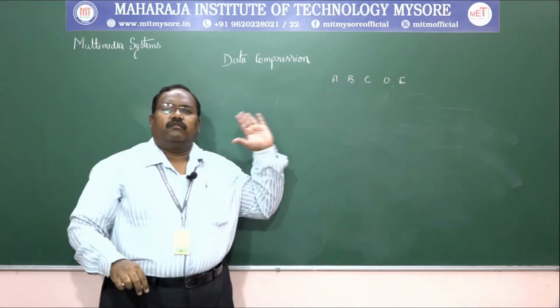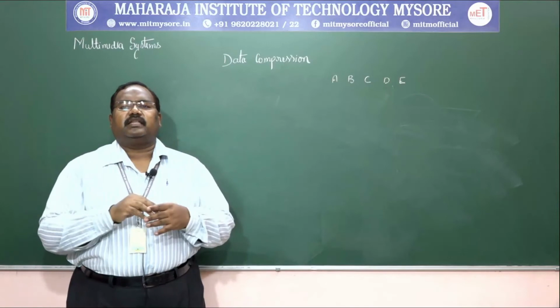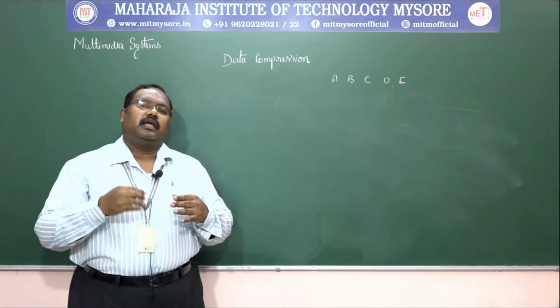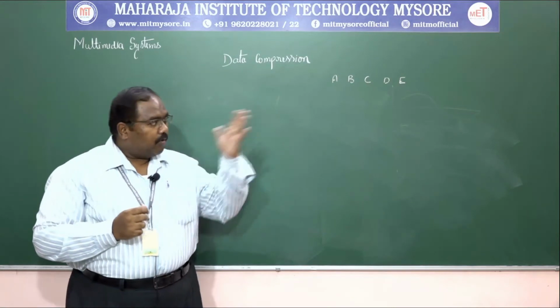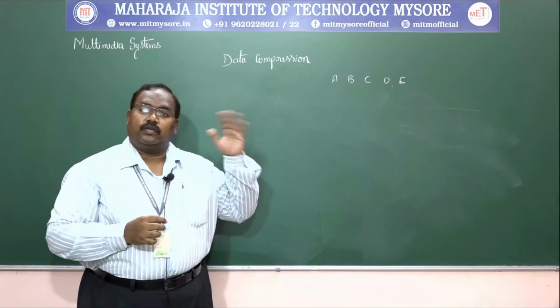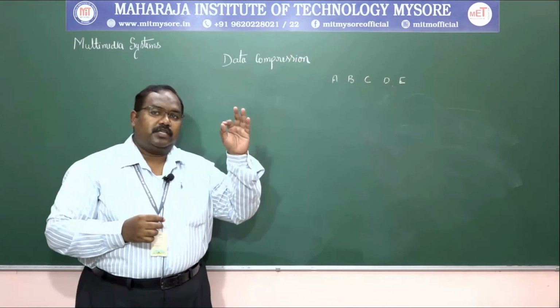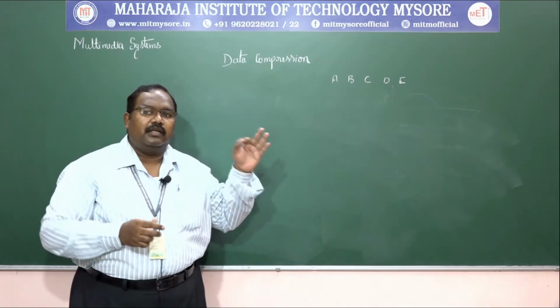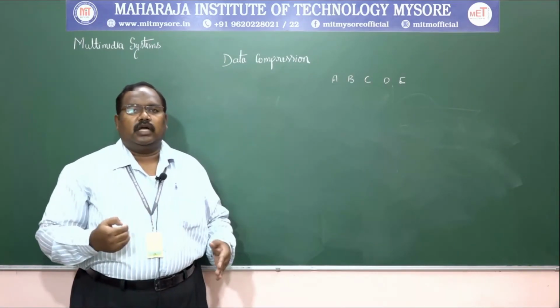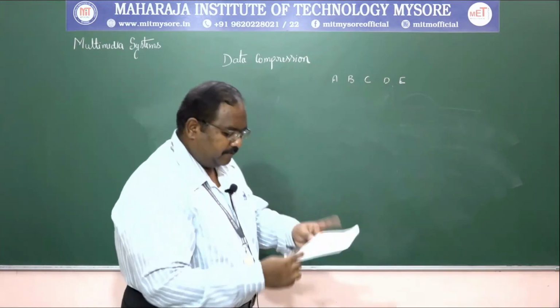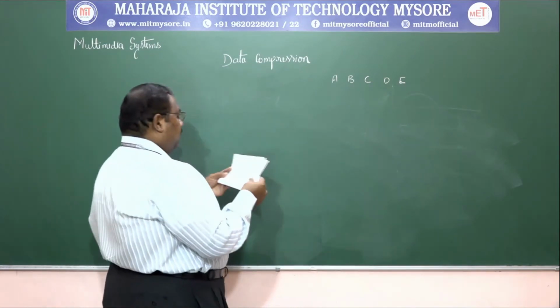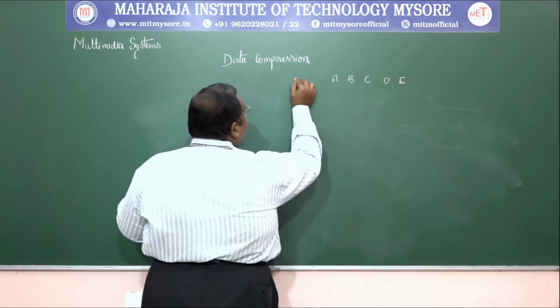So we have 5 letters to be encoded, and they have a relative probability. All those probabilities will be mentioned in the question paper. Only when they mention the probability of each letter will we be able to continue the Huffman coding. Let us look into the values. So this is the list.